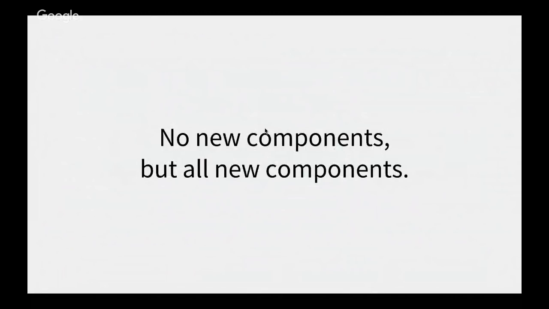All right. So this is something that we're thinking of as really an integrated design system. We're not really introducing any new components, but we're introducing all new components in that we're changing the way those components are built. And because we're not adding any new components or changing the markup of those components, your existing markup will still work.